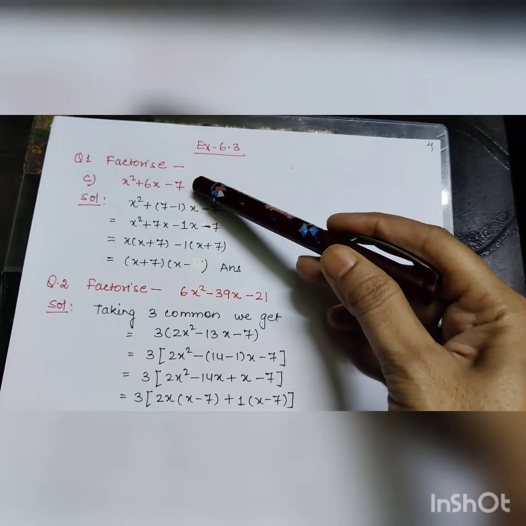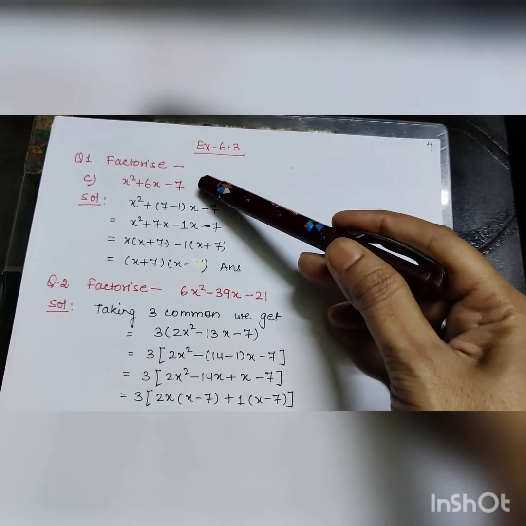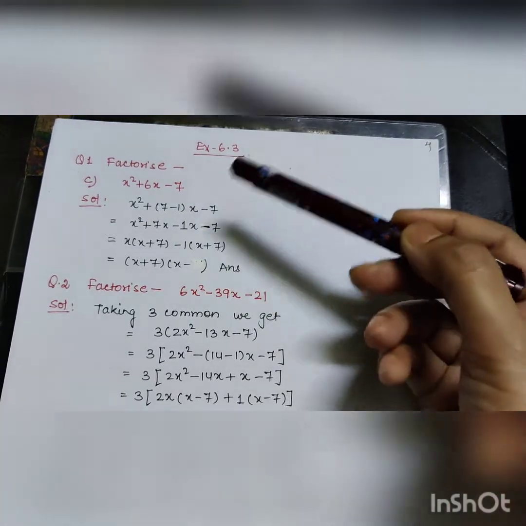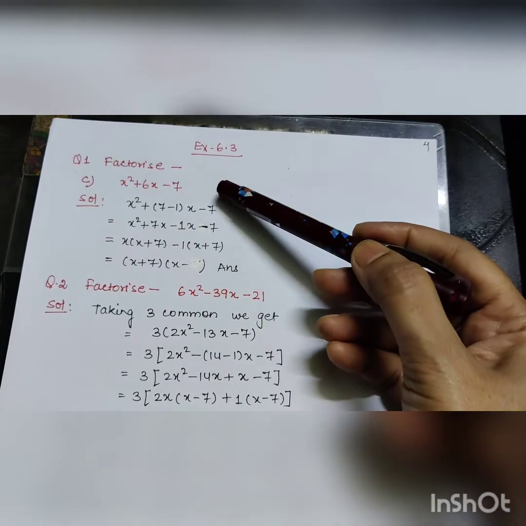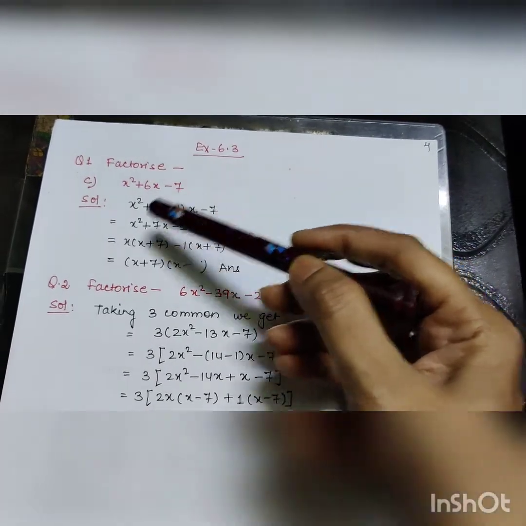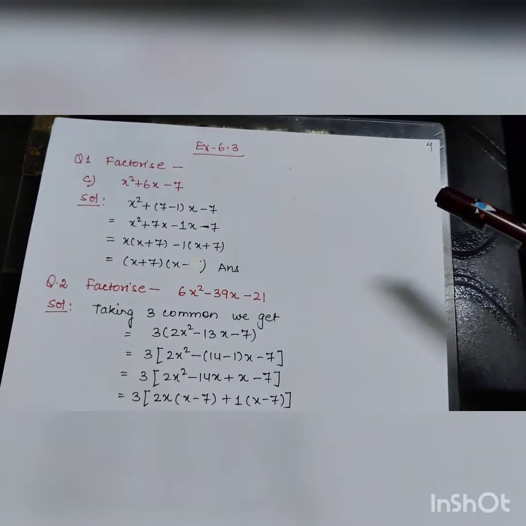The coefficient of x square is 1 here and here it is 7. So 1 into 7 makes 7. Now we have to find two factors of 7 whose sum or difference is equal to the coefficient of the middle term, that is 6.